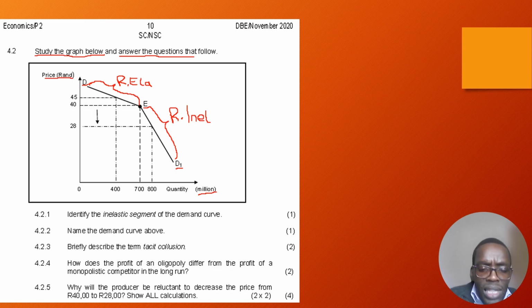Now let's just go to the question. This one is a kinked demand curve, I can see. We are told to identify the inelastic segment of the demand curve. Once you have studied the graph, the inelastic segment is the segment E to D1.